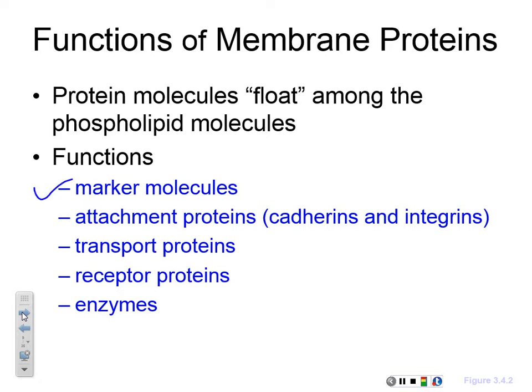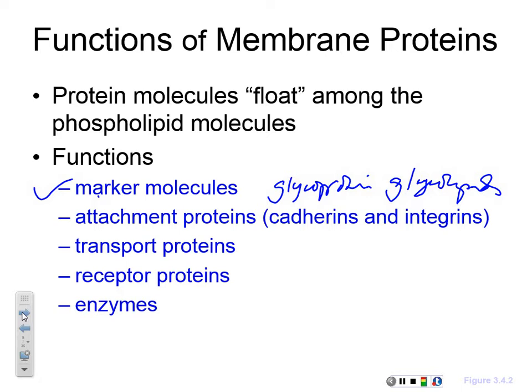All right, so what are the marker molecules that we just talked about? What kind of compounds are marker molecules? Glycoproteins and glycolipids. Okay, and these are also attachment proteins, cadherins and integrins. All right, so I'll take a different color.